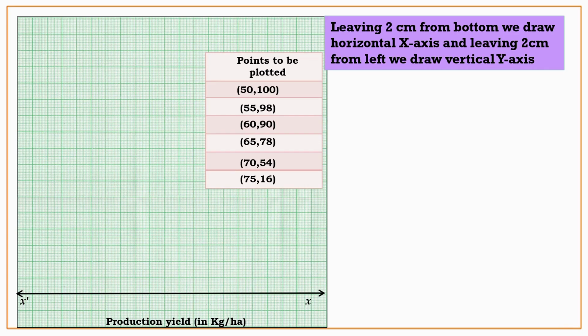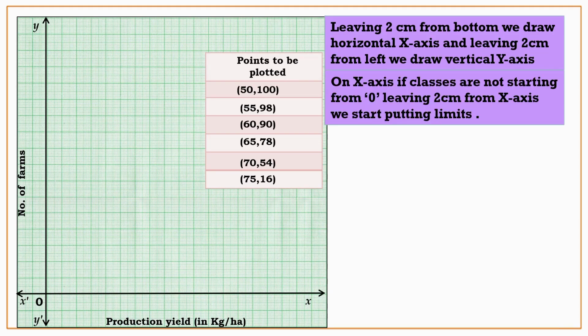On the x-axis, we will plot the production yield in kilogram per hectare, and on the y-axis, it will be the number of farms. On the x-axis, if classes are not starting from 0, leaving 2 centimeter from the y-axis, we start putting the limits. Now we can see that each gap is 5.